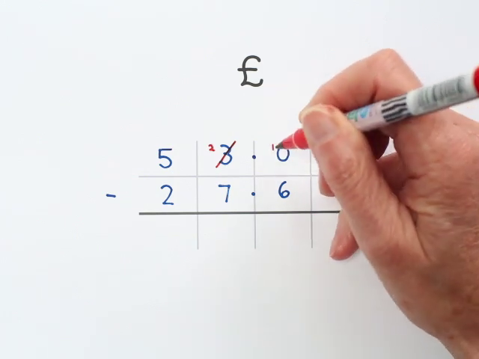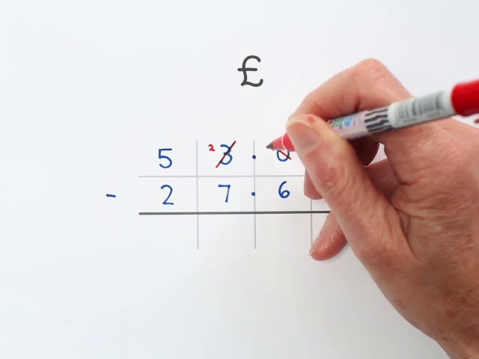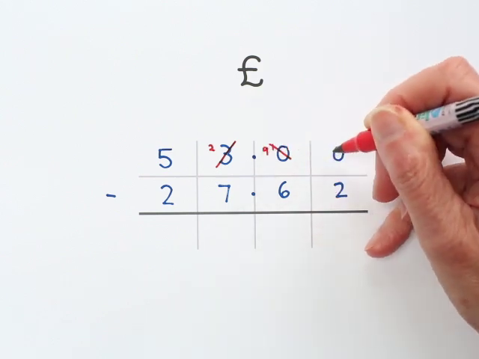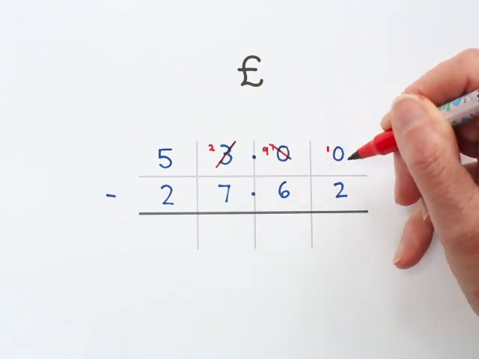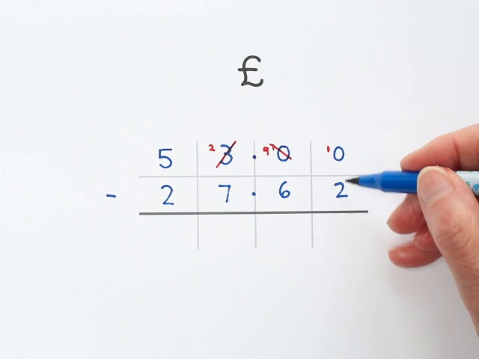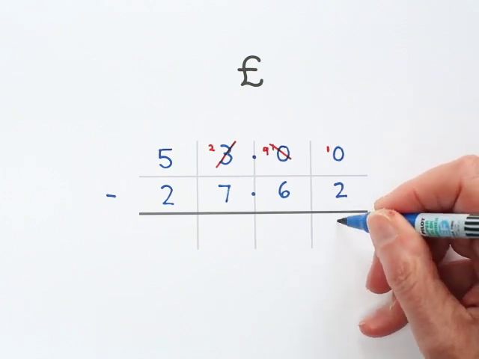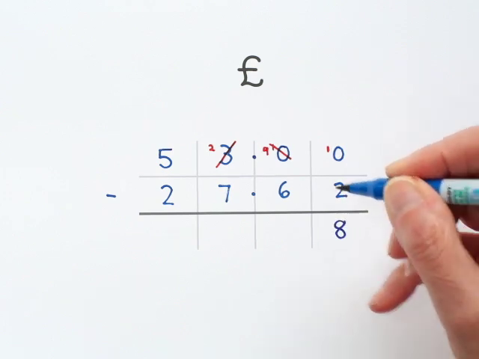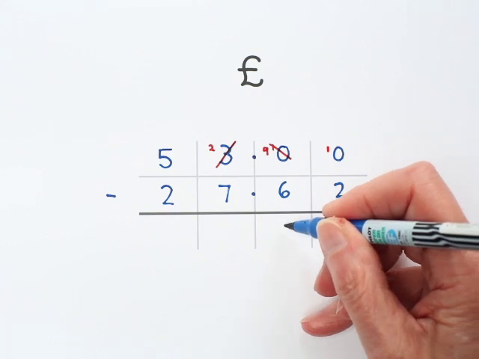Now we can do this column. 10, take away 1 is 9, and put the little one there next to the 0. So now we can do the sum. 10, take away 2 is 8. 9, take away 6 is 3.